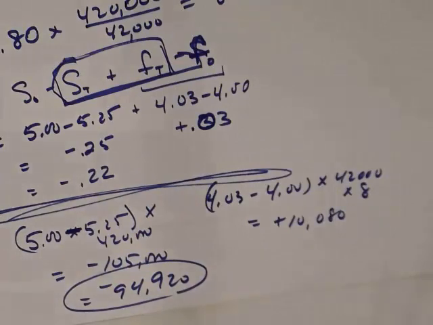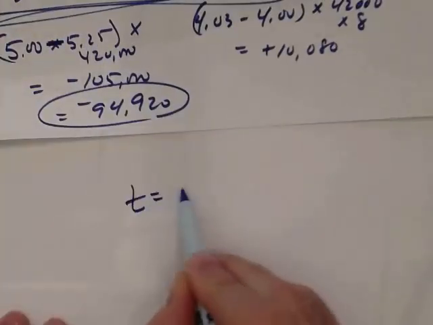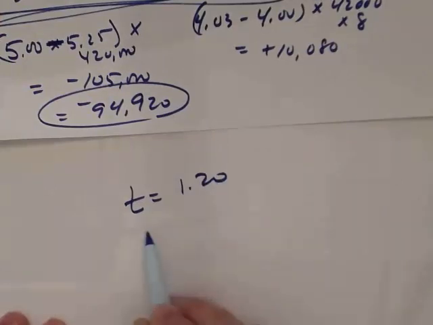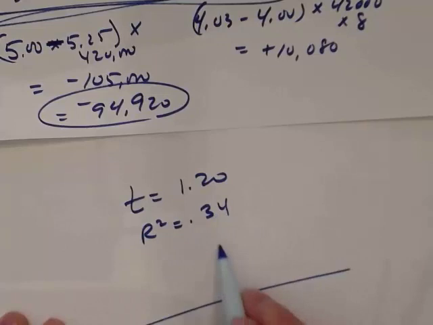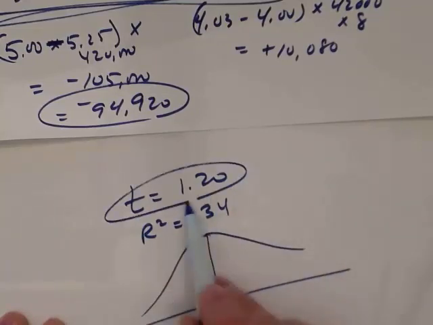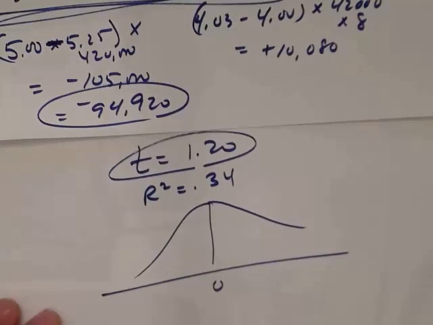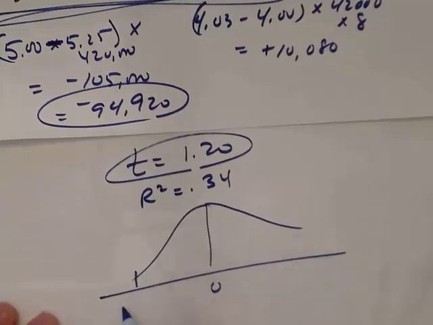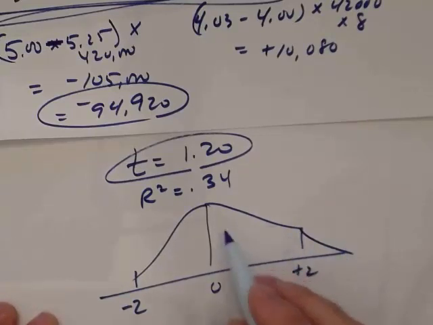Part D asks the question, how would your answer change given the T statistics from the regression? What would happen if the T from the regression was 1.20 and R squared equaled 0.34? Well, drawing the normal distribution, we'd ask, is that significantly different than 0? We have -2 and +2 here, and here we're at positive 1.20.